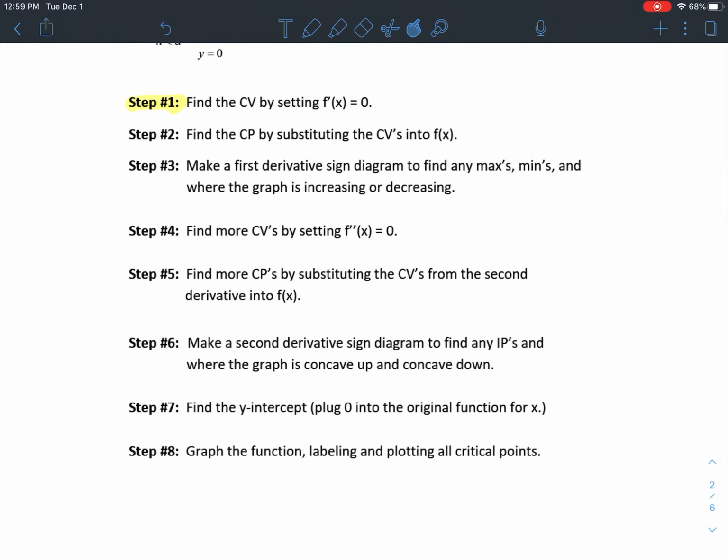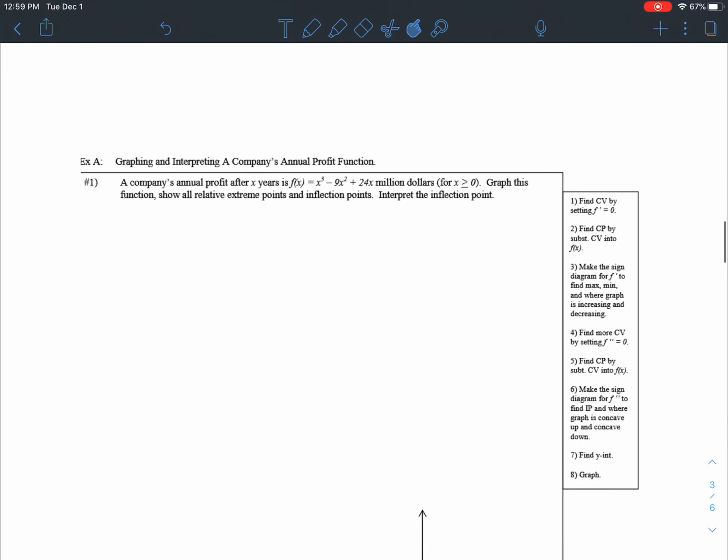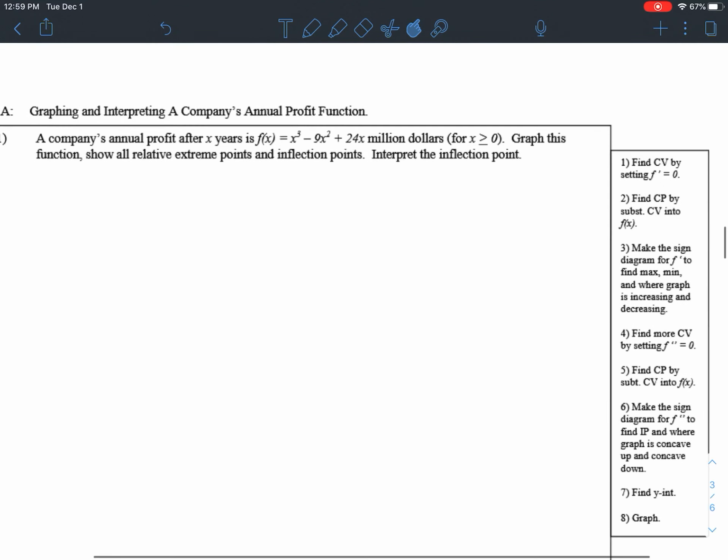Okay, so I'll just keep flipping back to this, and we can reference these steps as we work through this next example in the notes. But our first step is to find the critical values by setting the first derivative equal to 0. On this particular problem, it's a word problem, but it just says that a company's annual profit after X years is given by this function in millions of dollars.